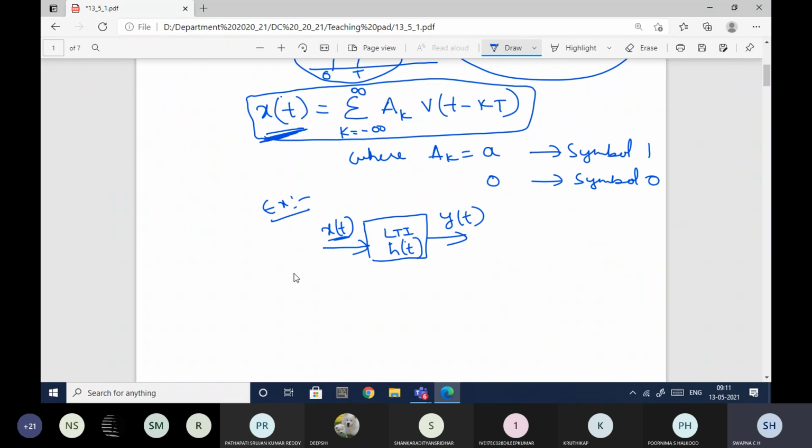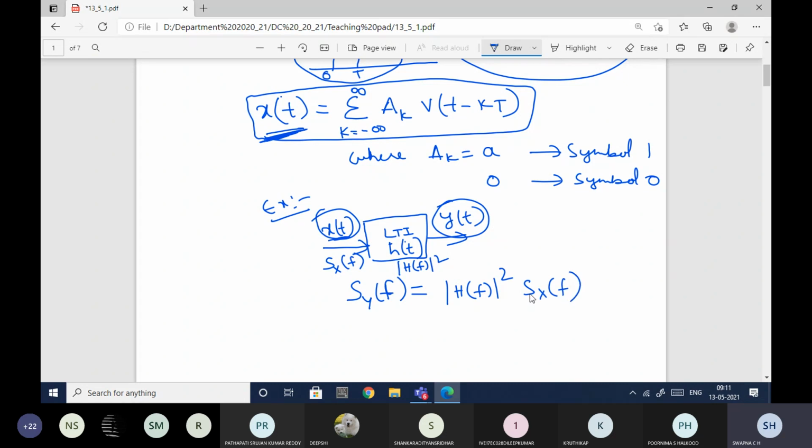If I want to find the power spectral density of y of t, I will represent it with Sy of f, which will be equal to mod H of f whole square into Sx of f, where Sx of f is the power spectral density of the input.